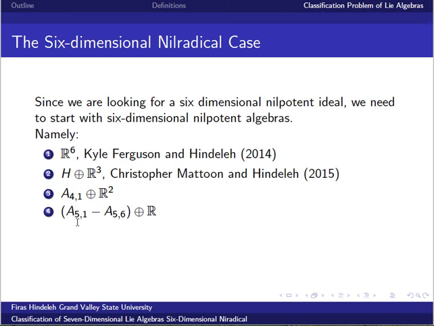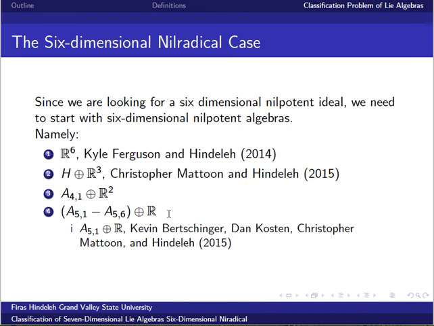The algebras A51 through A56, those are 6 cases. So those are the first 6 5-dimensional algebras, and then you are going to do a sum with R. So this is a 1-dimensional. So together they're going to make a 6-dimensional nilpotent. All right, so we have done 2 of those cases.